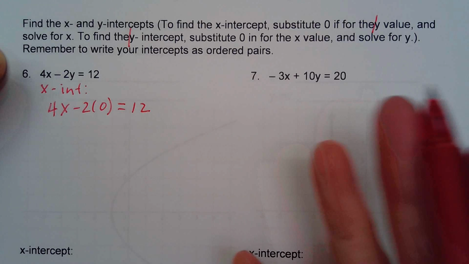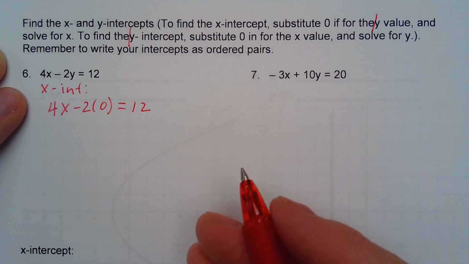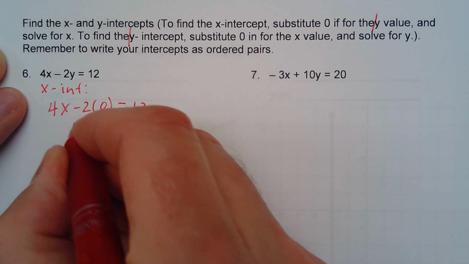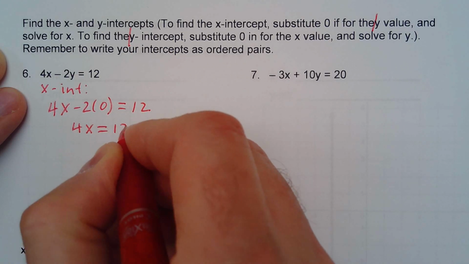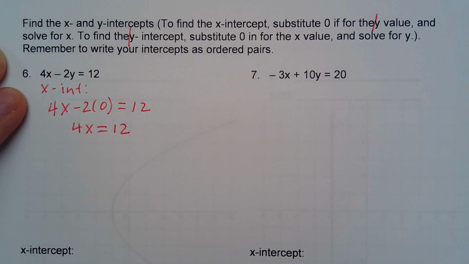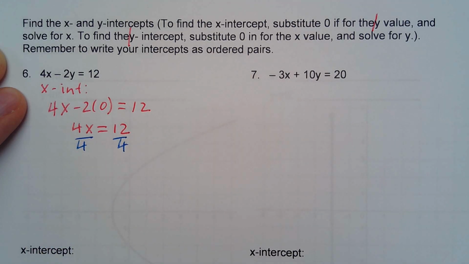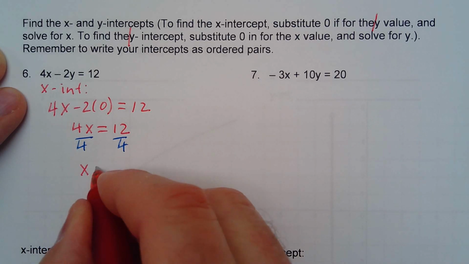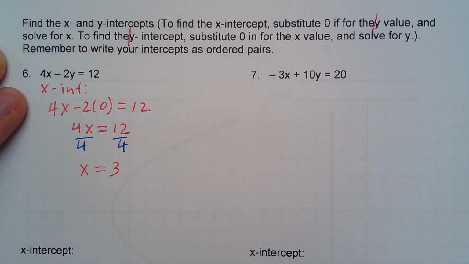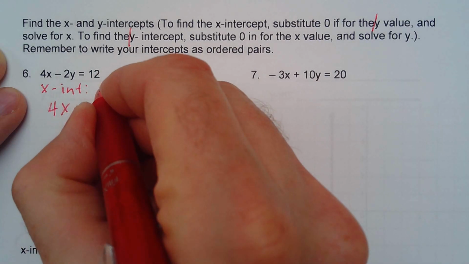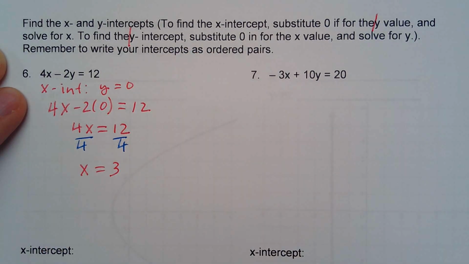Negative 2 times 0 is 0. 4x minus 0 is 4x. To solve this, I want to divide both sides by 4. That gives me x equals 3. So here we're setting y equals 0 and solving. My x-intercept would be 3, 0.